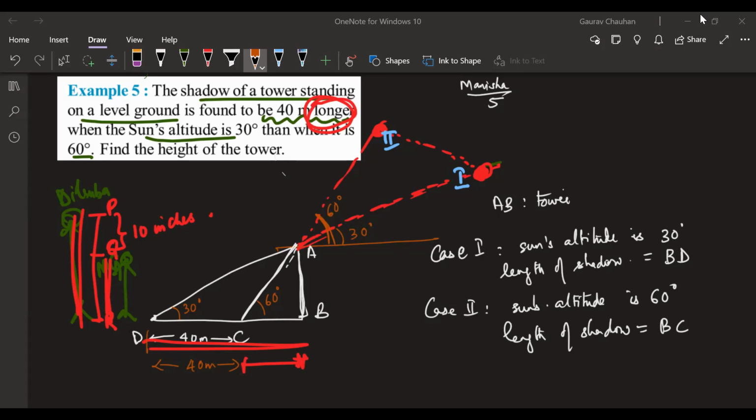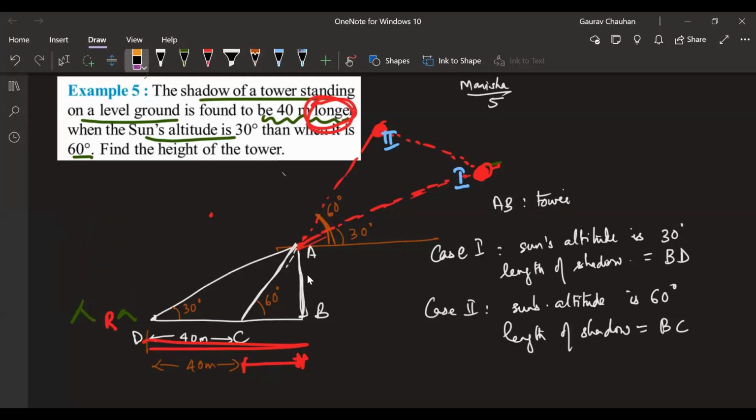Manisha, go ahead. So can I say how I am thinking, sir? Go ahead. Yes, definitely. Where A is the point of a person standing and looking at different angles, sir. Like the angle of depression will be 60 degrees and 30 degrees. Where will depression come from?